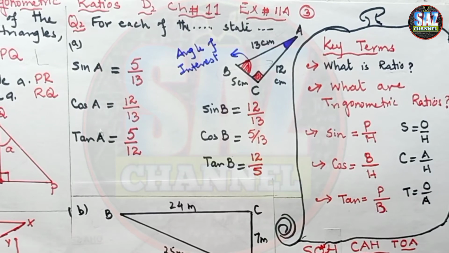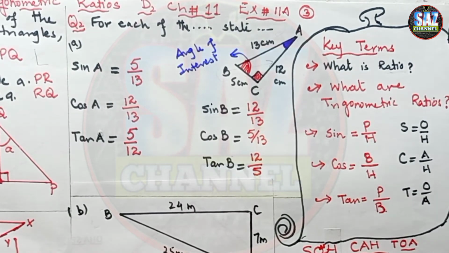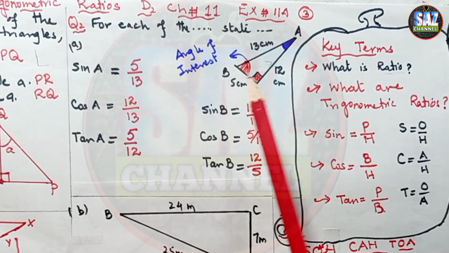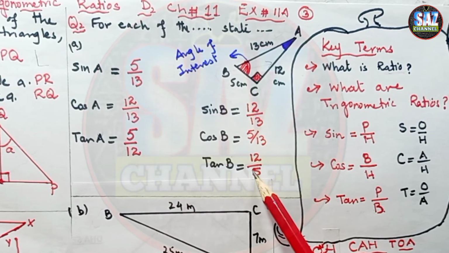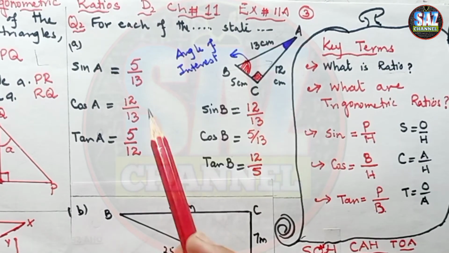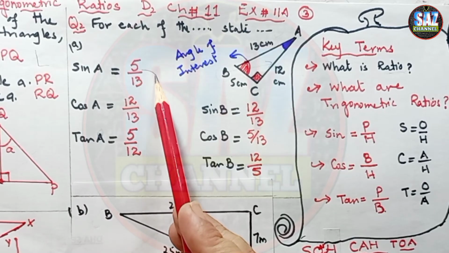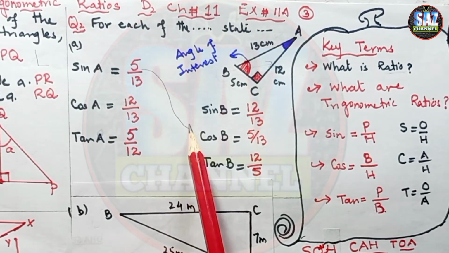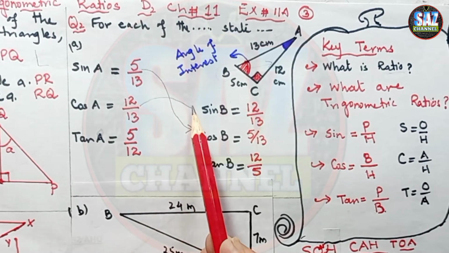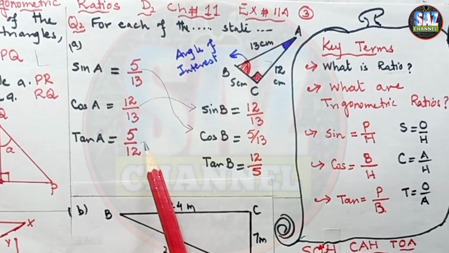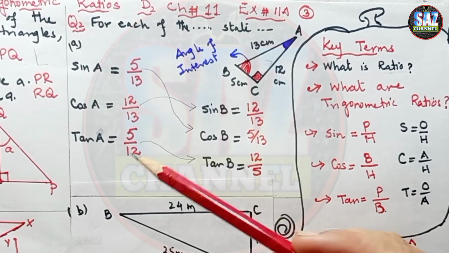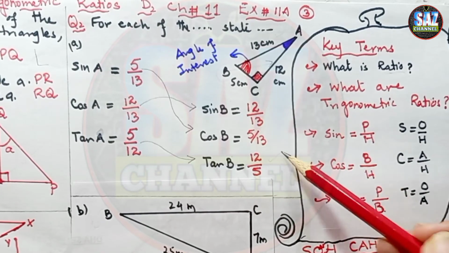If we look at the relationship between the sine, cos and tangent of angle A and the sine, cos and tangent of angle B, we can see that sine of angle A is equal to cos of angle B, and cos of angle A will be equal to sine of angle B. For the tangent, we can take the reciprocal of one tangent to get the value of the other trigonometric function.